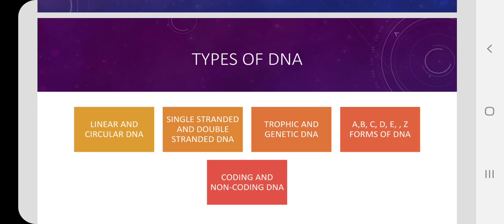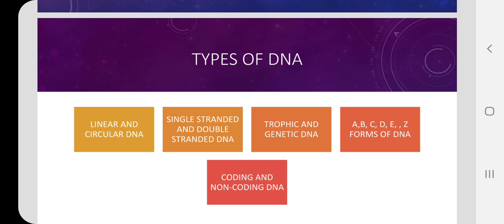Single stranded and double stranded DNA is also seen in different organisms. In some bacteriophage, such as phi X174, single stranded DNA is present, and double stranded DNA is found in all cells except some viruses.